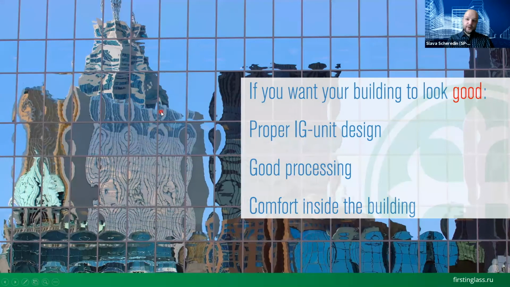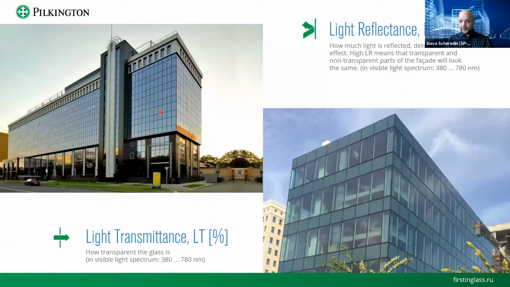In terms of the visual look of the building, it is very important from the first stage to think about the outer glass and the coating. From a visual point of view, the most important parameters are light transmission and light reflection, or light transmittance and light reflectance, whatever you may call them.